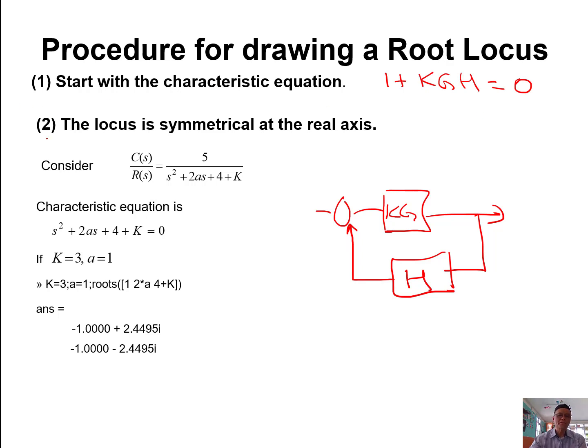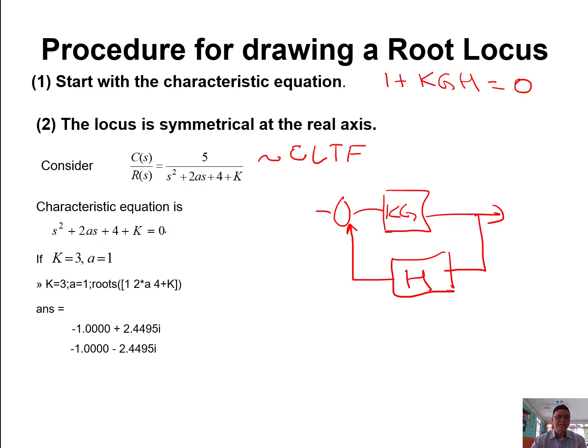The second rule for drawing a root locus: the locus is symmetrical about the real axis. For example, consider this is your closed loop transfer function. In order to form the characteristic equation, we must first form the closed loop transfer function, take the denominator and set it to 0.